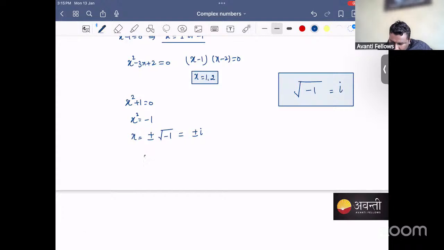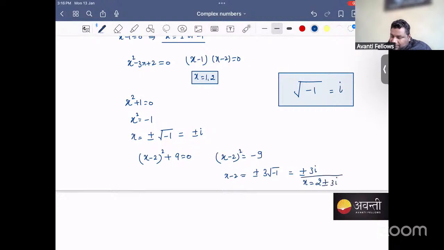Now, if I have the equation like (x minus 2) whole square plus say 9 equals to 0, now what will you do? You will say (x minus 2) whole square is minus 9. So x minus 2 will be plus minus 3 into under root of minus 1. So this is what we write, plus minus 3 iota. So x is 2 plus minus 3 iota.